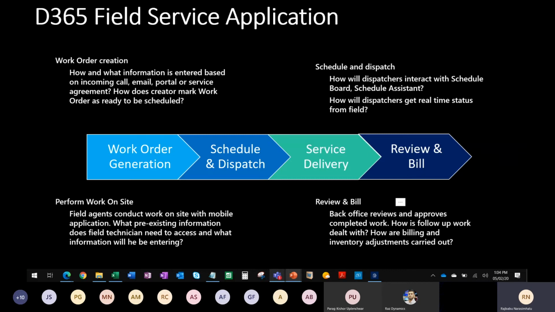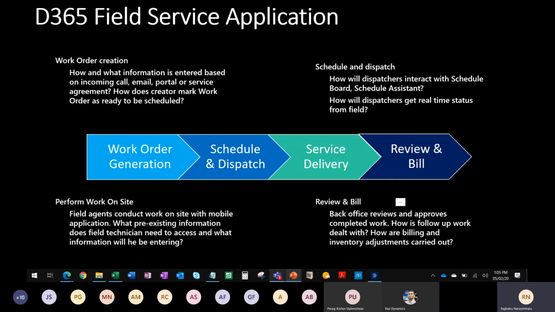If something goes wrong, or you need some help, whatever it is, they need to record that information. So the field service organization will create the work order. Once the work order is created, they need to schedule and dispatch the right technician to the customer location.